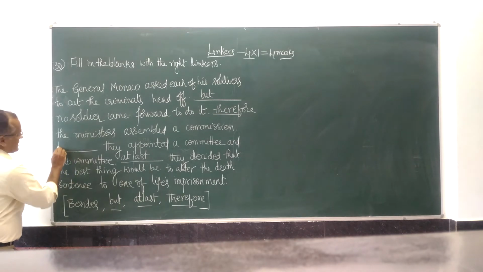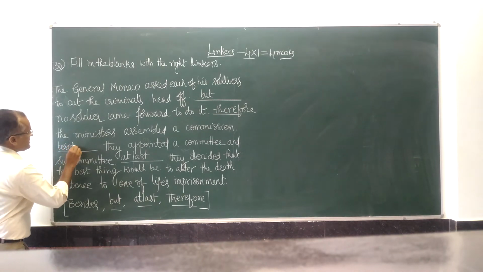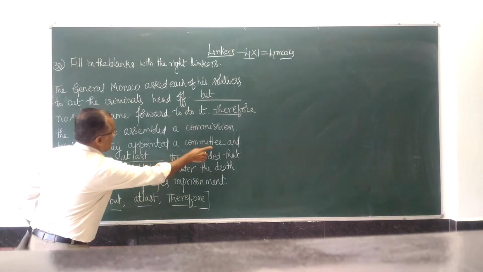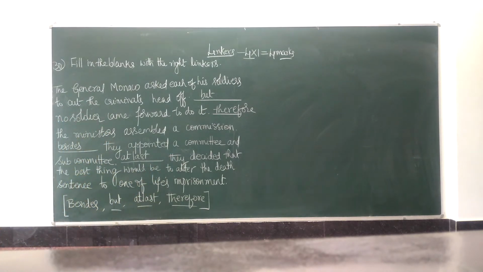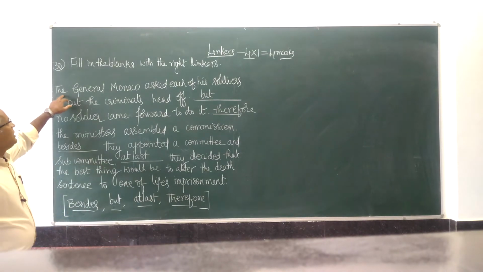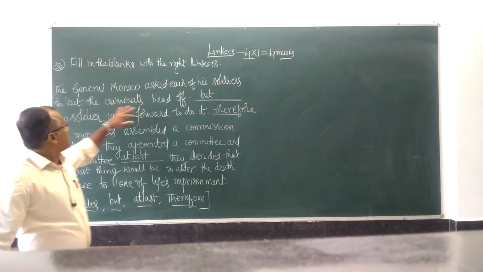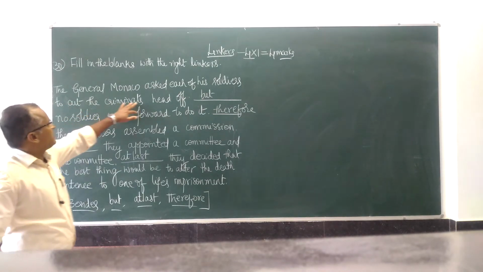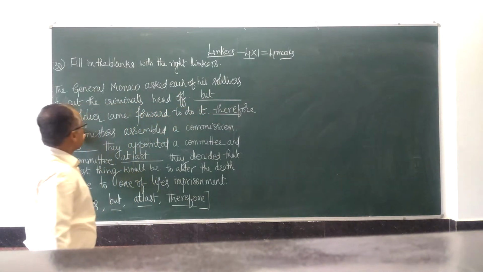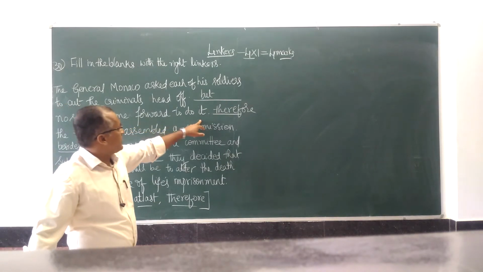And now, besides, they appointed a committee and subcommittee. Now, this is completed. The General Monaco asked each of his soldiers to cut the criminal's head off, but no soldier came forward to do it.